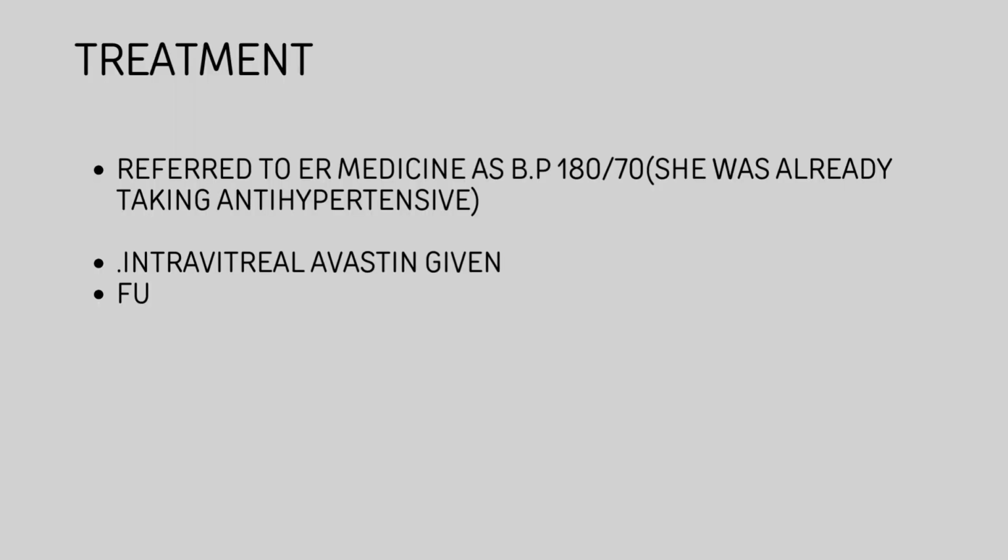There are many treatment options: lasers, anterior hyalodectomy, Avastin, but we opted for intravitreal Avastin because in this case this was the best option. And after that we gave a follow-up to this patient.